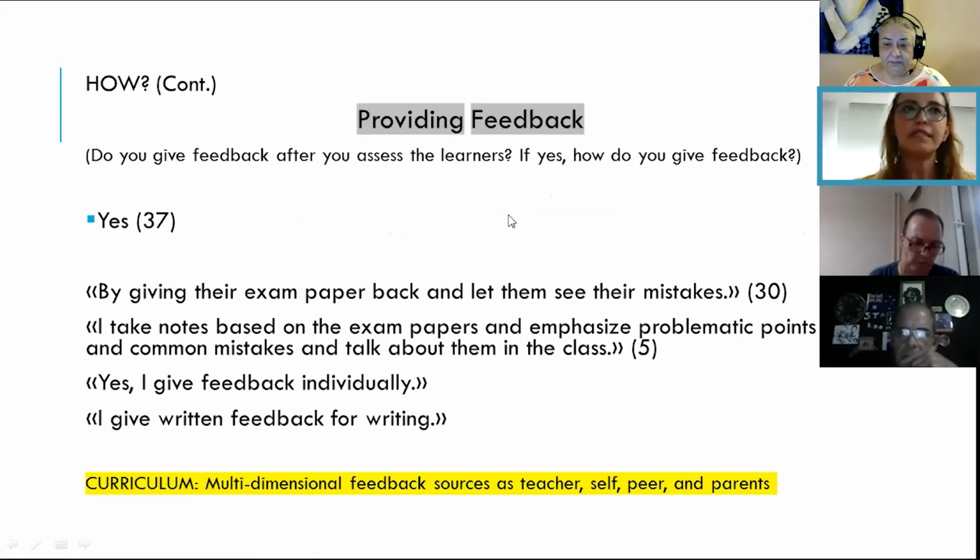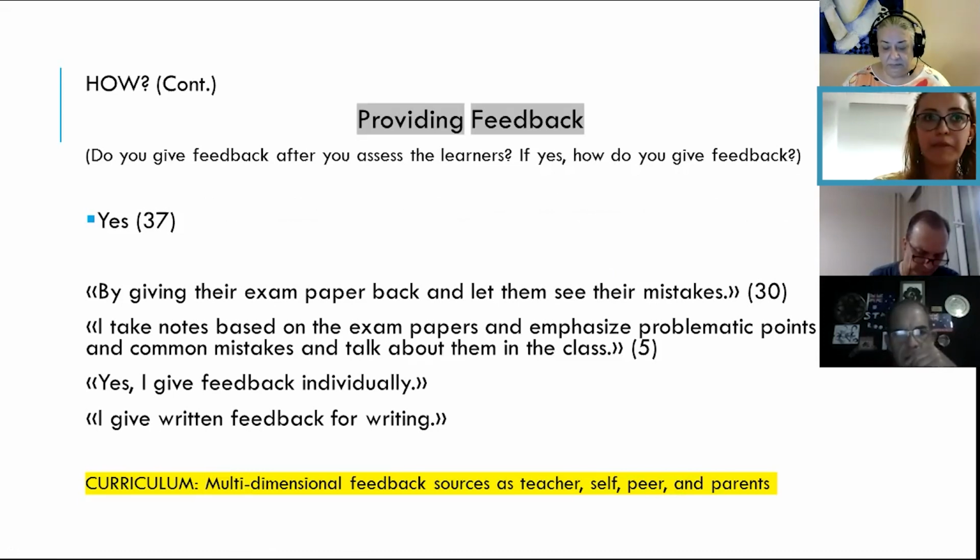We are going on with the how dimension, and providing feedback is the topic now. I asked them, do you give feedback after you assess the learners? If yes, how do you give feedback? 37 hopefully said yes. And their responses were like, by giving their exam paper back and let them see their mistakes. 30.